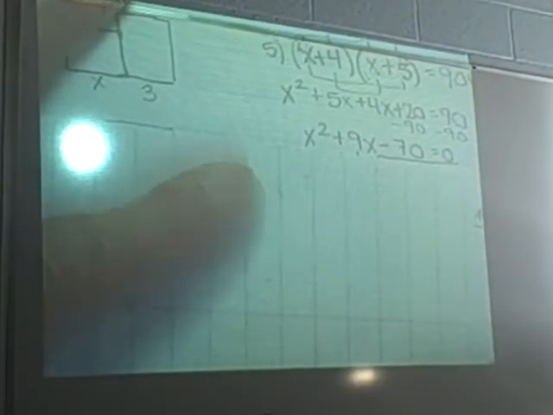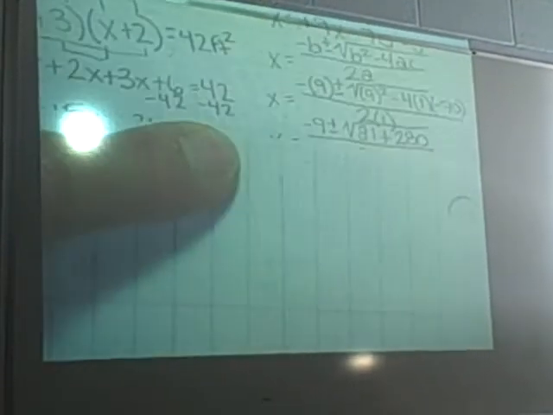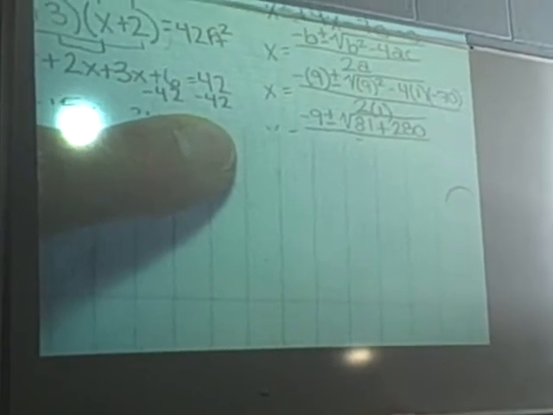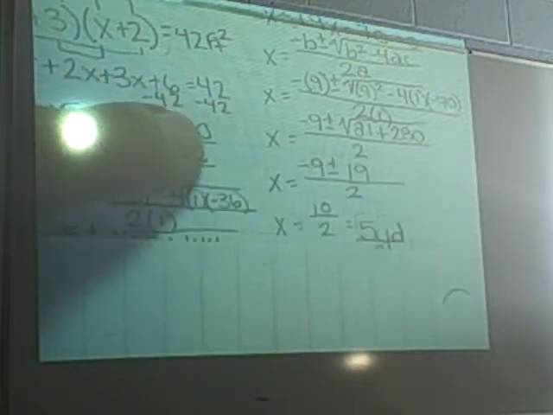Yep. Okay, so you're there. When you plugged it in, did you get a negative 9 plus or minus square root of 81 plus 280? Yes. Okay, so 81 plus 280, I did that.